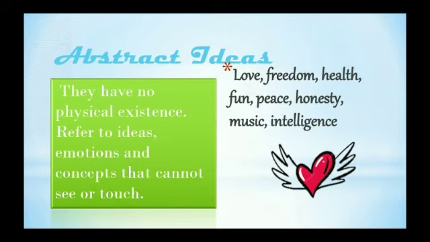They have no physical existence. They refer to ideas, emotions, and concepts that we cannot see or touch. So, these are just emotions or concepts that we cannot touch or see.